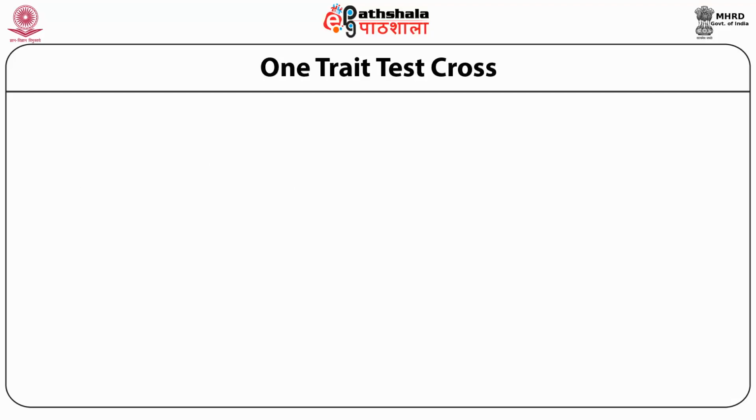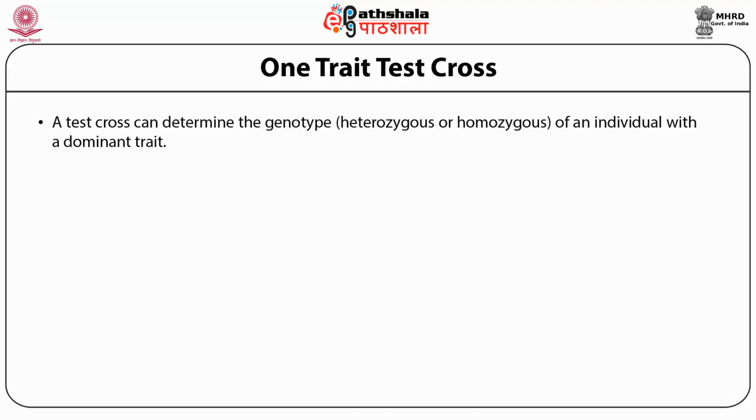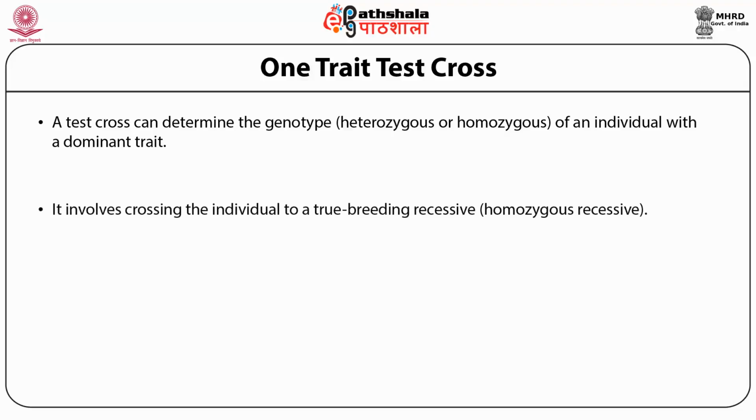One trait test cross. A test cross can determine the genotype, whether heterozygous or homozygous, of an individual with a dominant trait. It involves crossing the individual to a true breeding recessive homozygous.